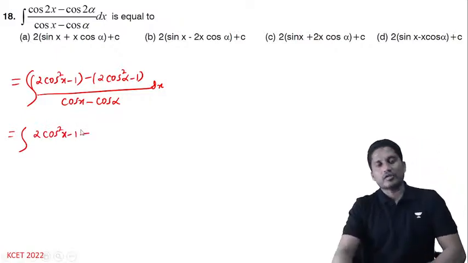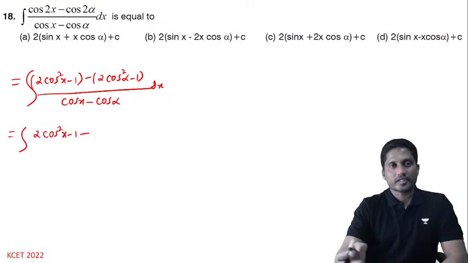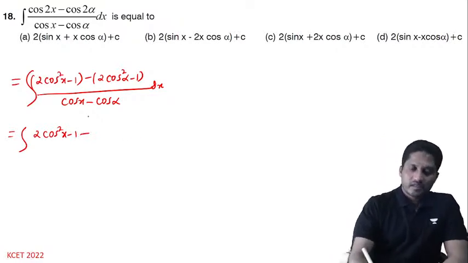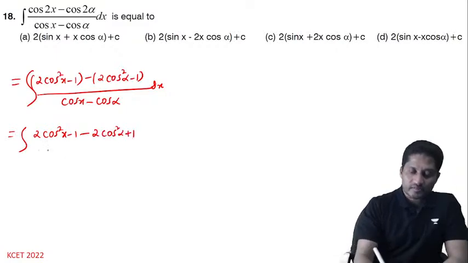In NCERT also you have a similar question, cos 2x minus cos 2 alpha, in exercise 7.3. Then 2 cos square alpha, minus and minus is plus 1, by cos x minus cos alpha, and then dx. Anyways, this will cancel.